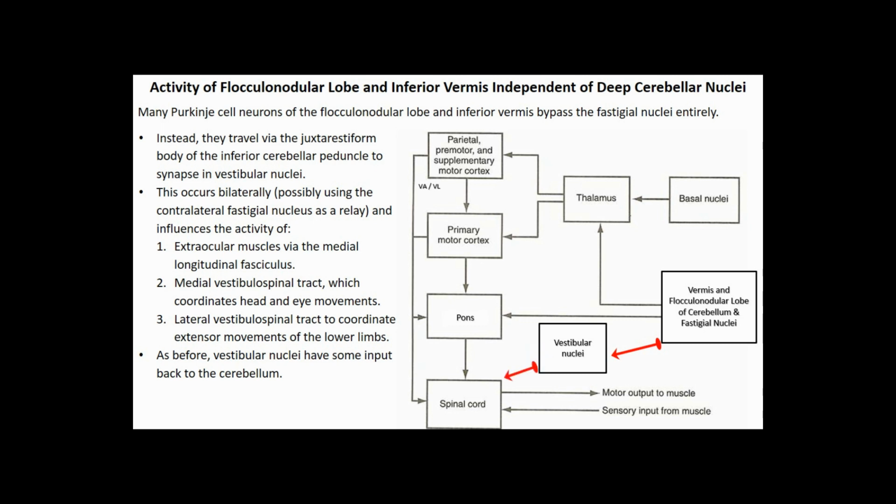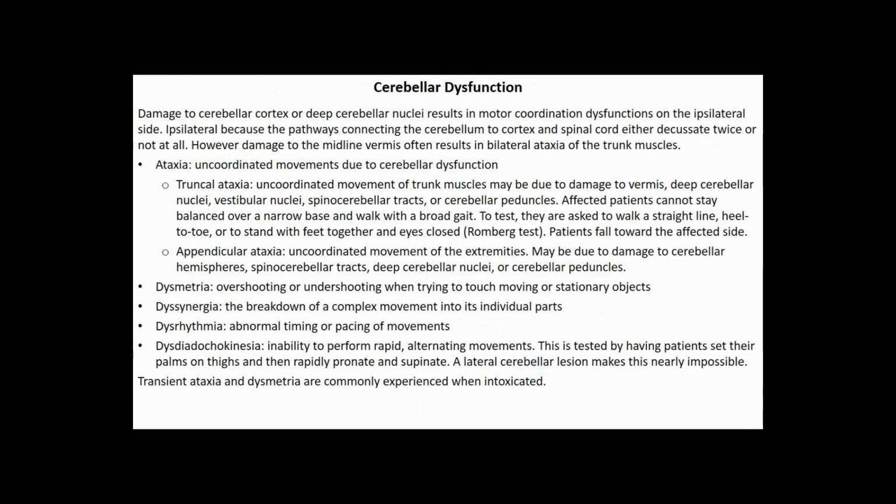So that's basically what's happening with this last pathway from the cerebellum out to the cord to affect motor changes either in the muscles of the neck and head for the medial vestibulospinal tract, or the lower limbs primarily for the lateral vestibulospinal tract. And as before, there's going to be some vestibular feedback to the cerebellum to let it know how it's going.